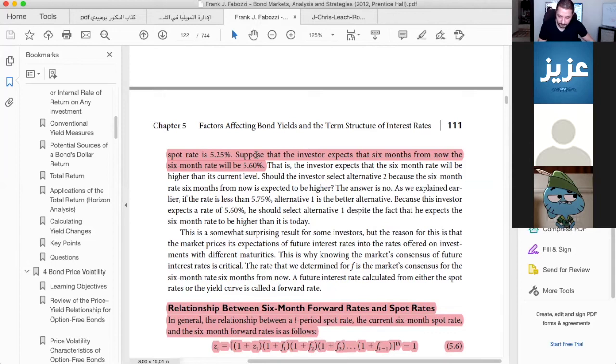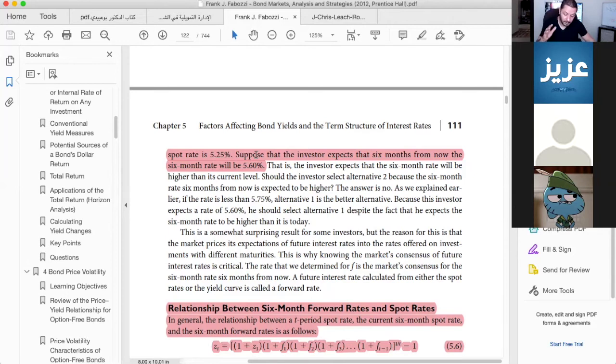Alternative 2, I think. Why? Because the 6 months spot rate is increasing. Yes, and the average of the two periods is greater than the alternative 1 overall rate.